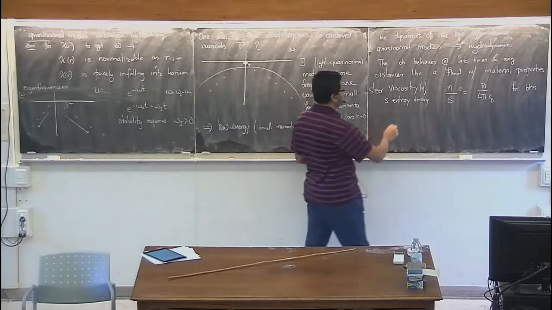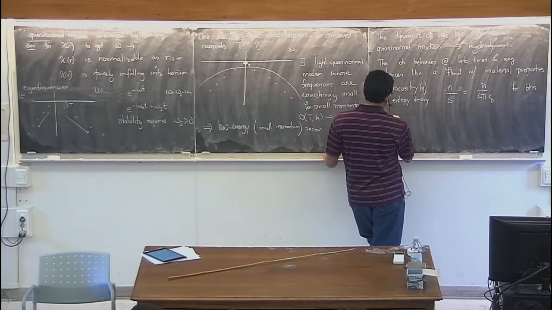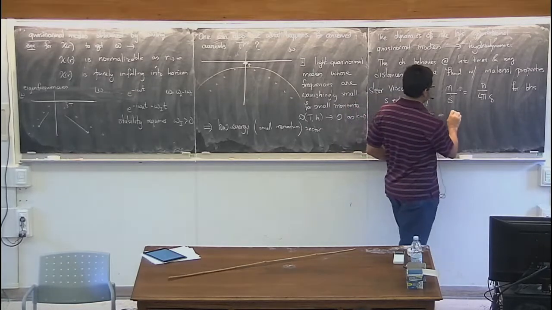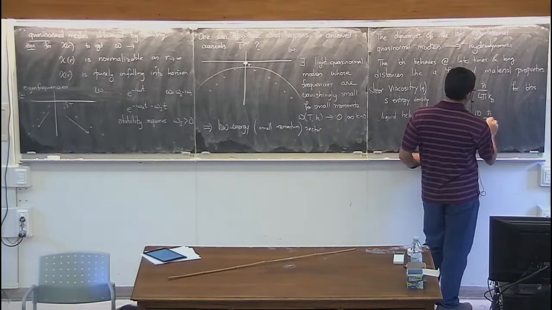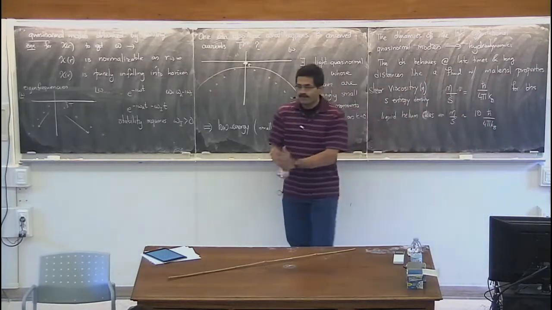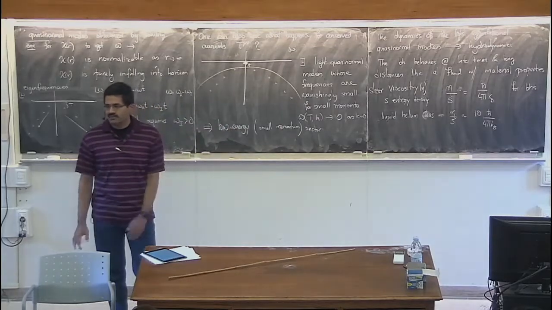The closest that comes to this is liquid helium at its superfluid point, which has eta over s about a factor of 10 larger than this value of ħ over 4π k_B. I mean, water is just way off the charts compared to these numbers, by a factor of 100 or so.